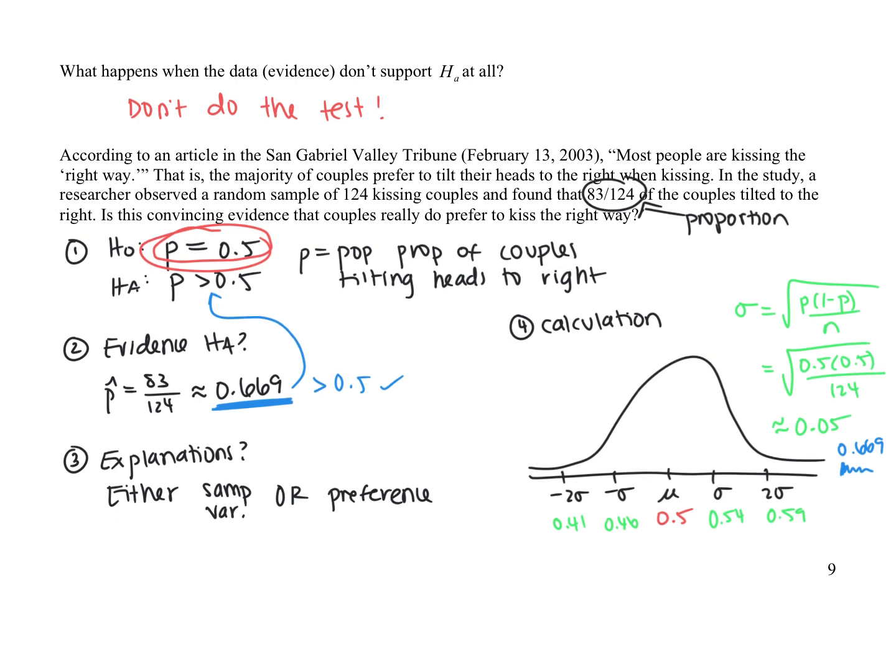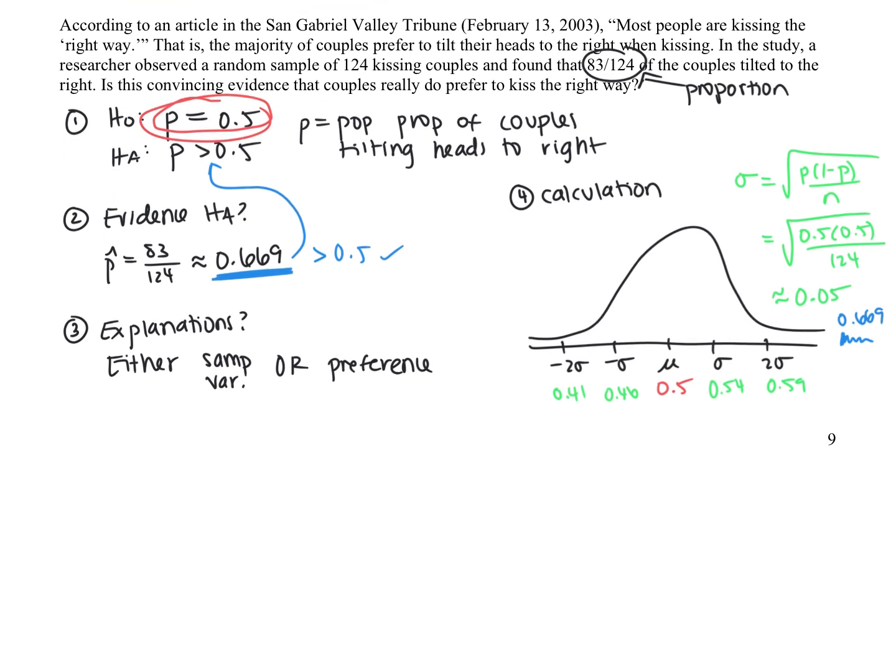So if we were to do the calculation, we would end up finding a p-value pretty close to 0.